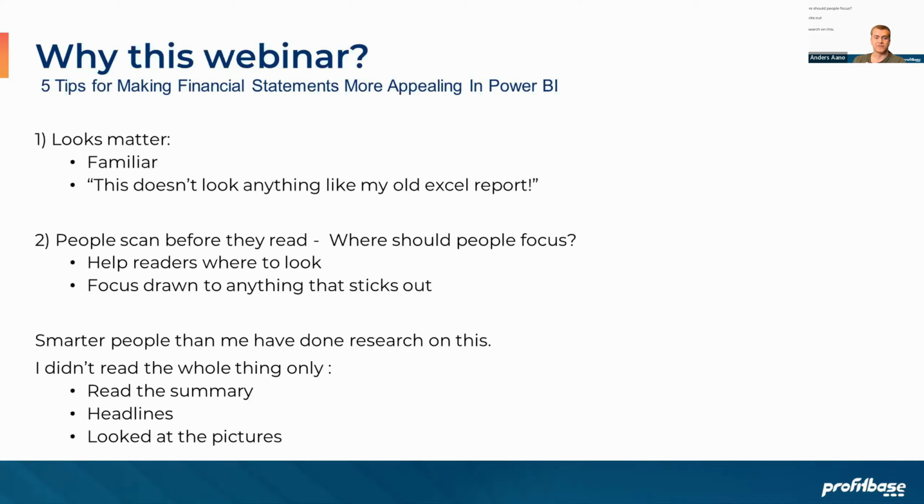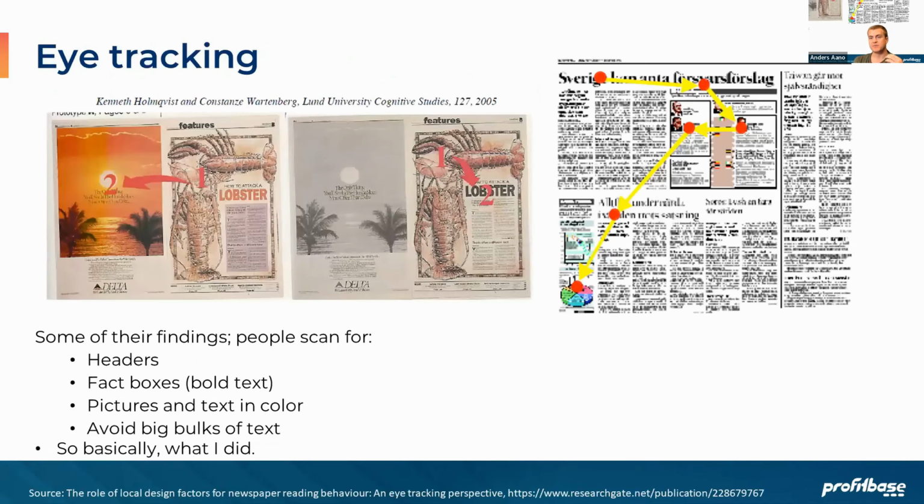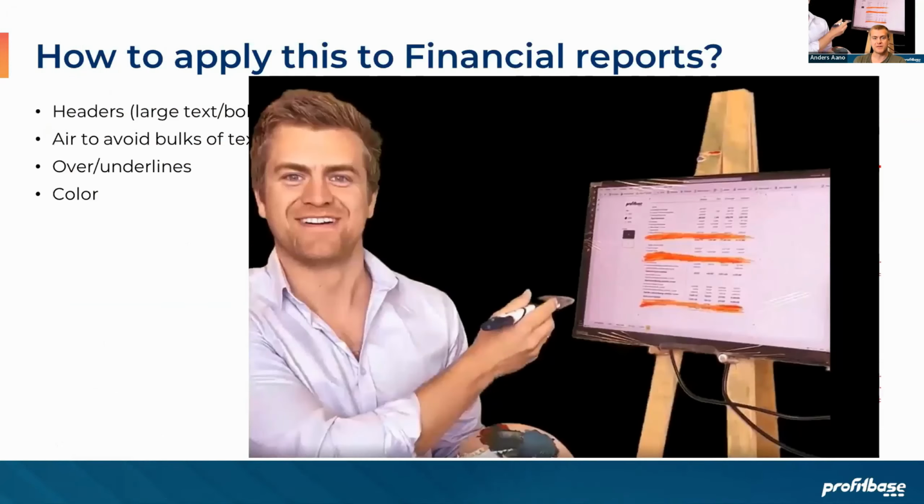And I didn't read the whole thing. I read the summary, the headlines, and looked at the pictures. But what I got from it was people scan for headers, fact boxes, which are usually bold, pictures and text in color. They avoid big bulks of text because it's scaring people off. So basically, readers read newspapers the same way I read this article. And this will also hold true for financial reports.